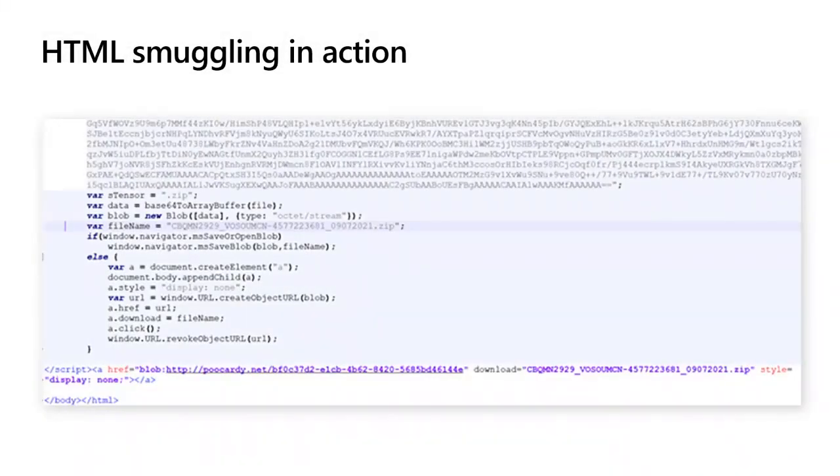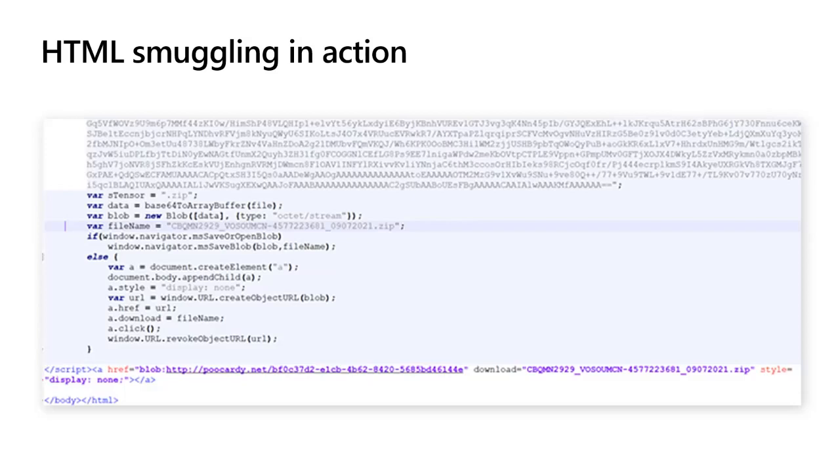And this is a snippet of the HTML smuggling page, as an example. As mentioned at the top, it's the base64 encoded blob, which is actually a JavaScript file compressed in zip format.